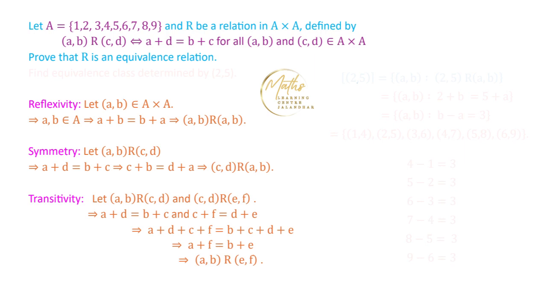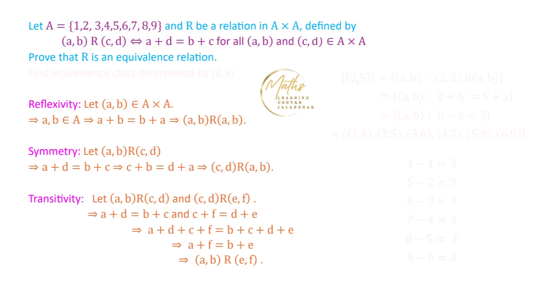So we are saying that if (a, b) is related to (c, d) and (c, d) is related to (e, f), in that case (a, b) is related to (e, f). So we have proved that this relation is transitive. As this relation is reflexive, symmetric and transitive, it is an equivalence relation.